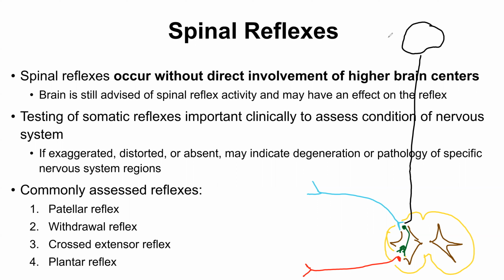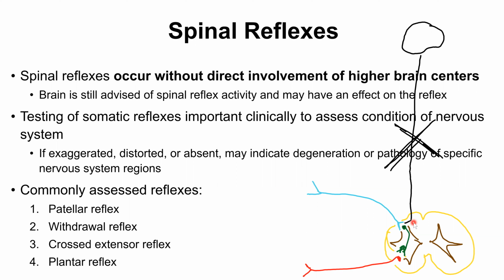That is not the case with spinal reflexes. We do not send that information up to the brain. And the reason for this really is because if you think about what's happening here, this is a reflex, and reflexes need to be really fast responses. So we have some sort of stimulus happen, sensory neuron goes in here. We need to be able to integrate that information and provide a really rapid response to that information.